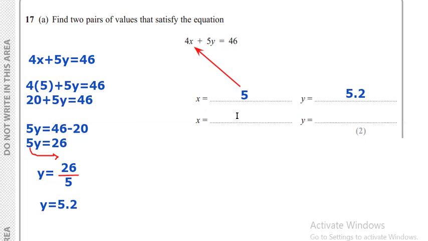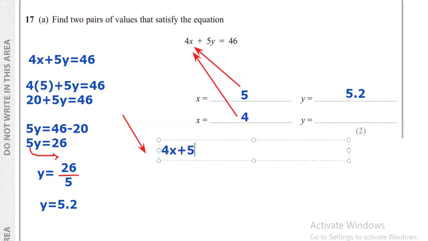Now I'm going to say, for example, x is 4. I'm going to follow the same steps, but this time I'm going to substitute the 4 instead of the x. Same idea, same way of solving. First, I'm going to write the equation, which is 4x plus 5y equals 46.